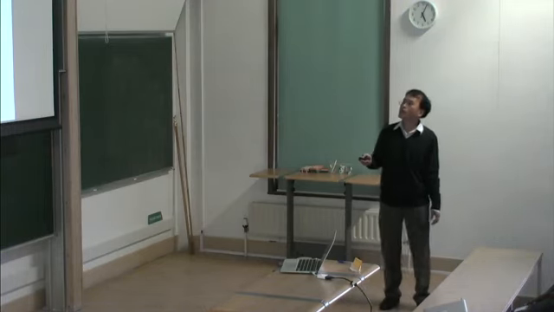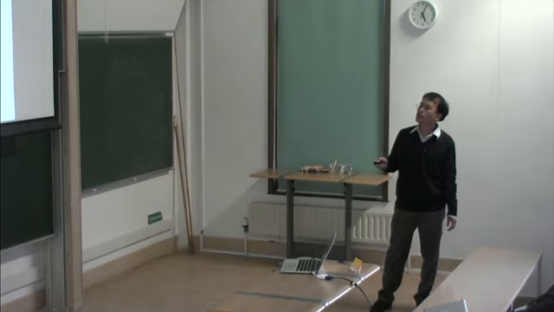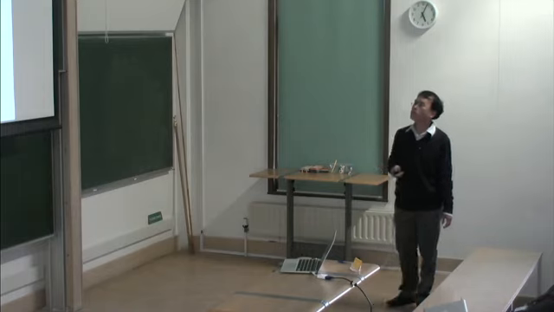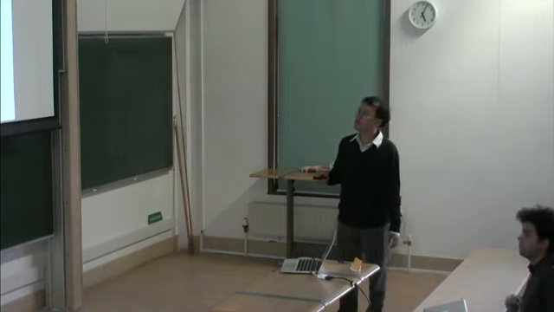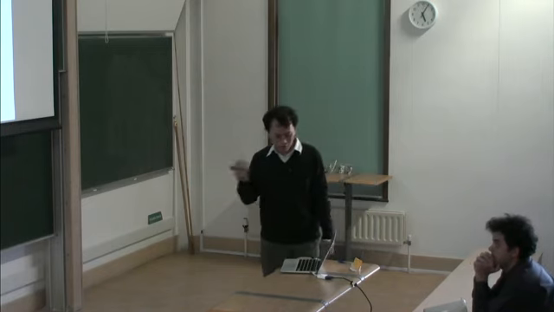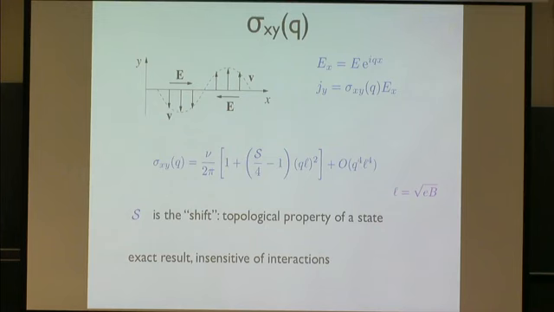And that coefficient is related to a topological property of the quantum Hall state. This result is an exact result which is insensitive to the form of the Hamiltonian. It's robust toward small deformation of the Hamiltonian.